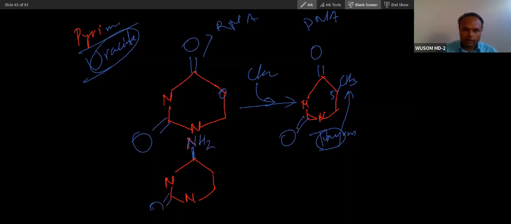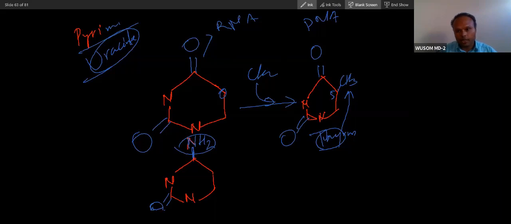Just one difference. Only cytosine has that amino group in pyrimidine. That is why the enzyme present is cytosine deaminase.